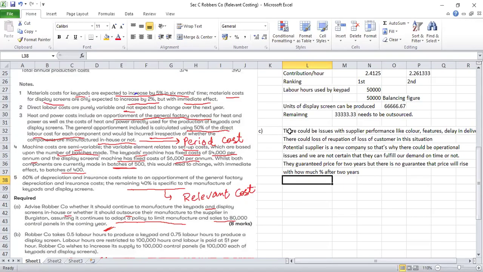Next one is there is always a possibility that the supplier can become our competitor.